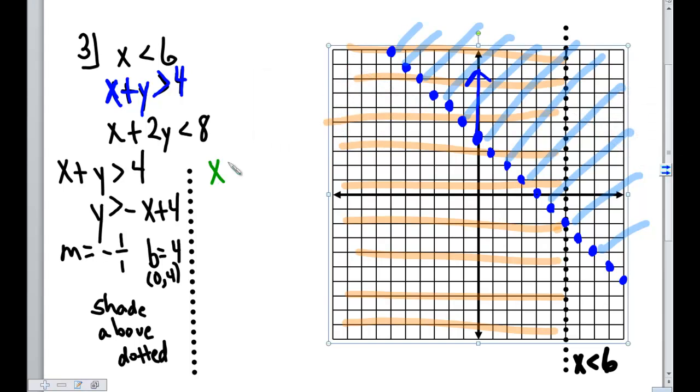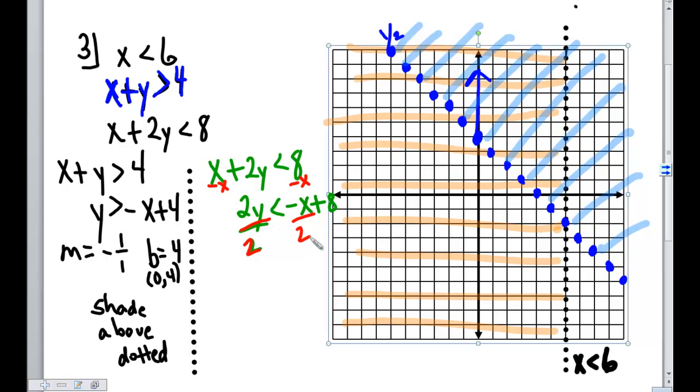Next graph is x plus 2y is less than 8. Subtract x from both sides, and 2y is less than -x plus 8. Divide both sides by 2. And y is less than -1/2 x plus 4.